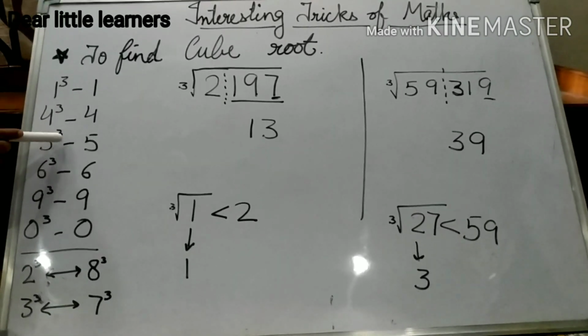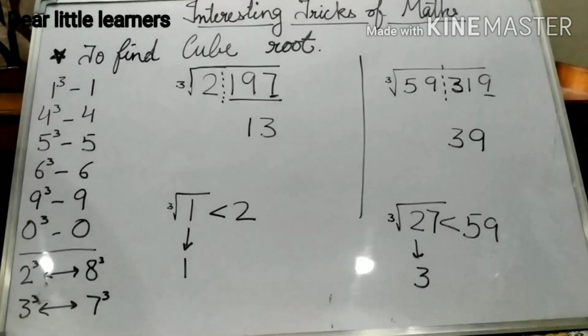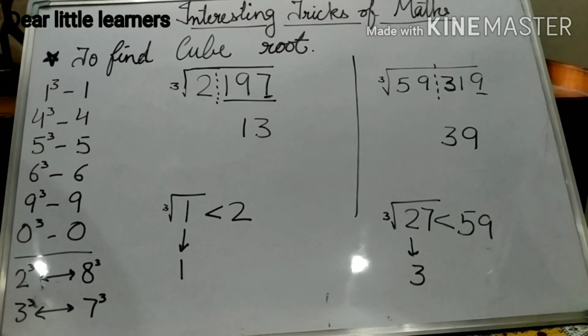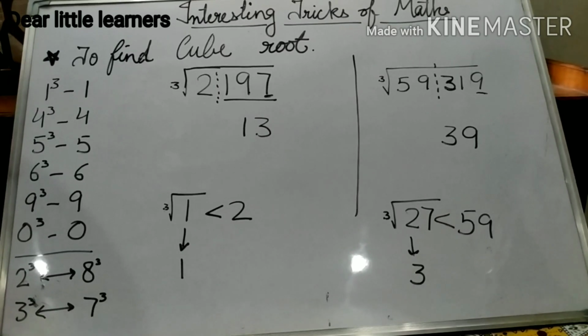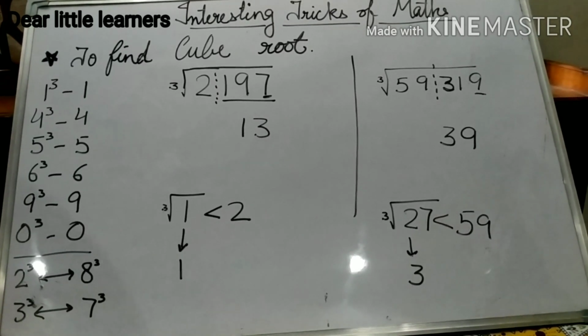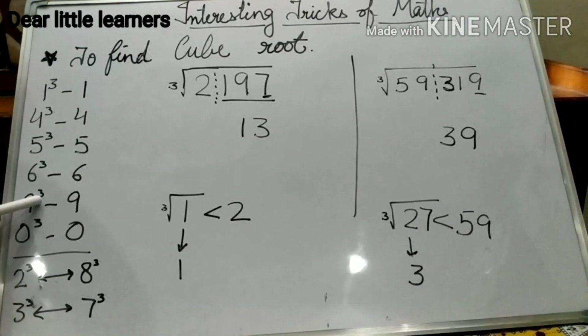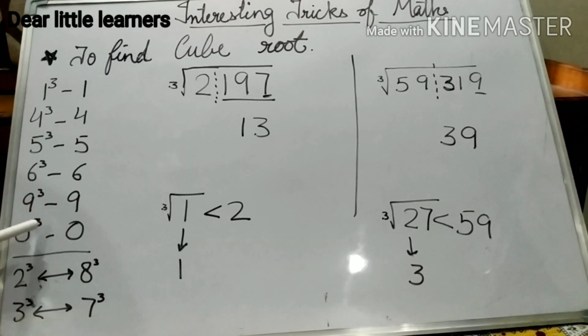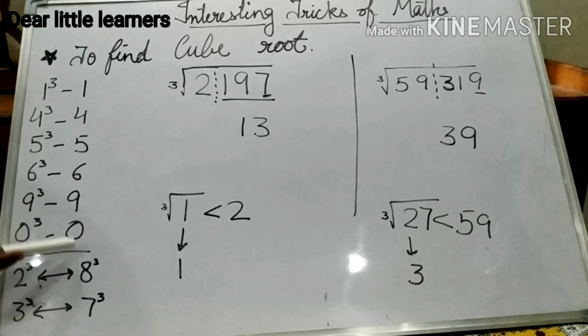And cube of 5 also we will get 5 at the last, because 125. Similarly, cube of 6 also we will get 6 at the last. In cube of 9 also we will get 9 at the last, because 729 comes. And cube of 0 also we will get 0 at the last.